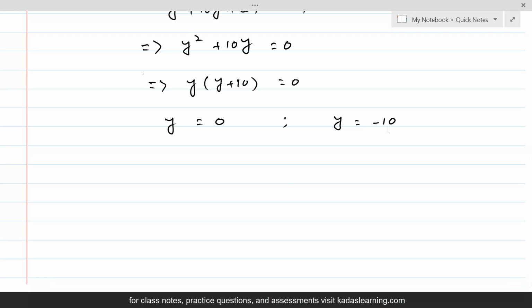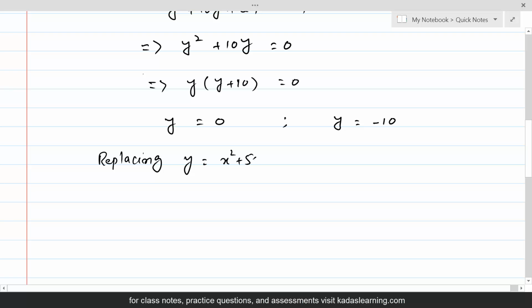Initially y was equal to x squared plus 5x, so replacing y with x squared plus 5x, we have x squared plus 5x equal to 0, and on this side we have x squared plus 5x equal to minus 10.